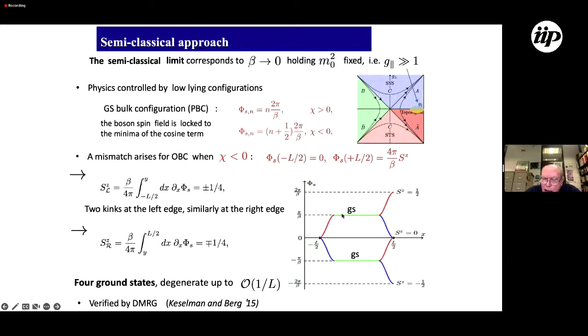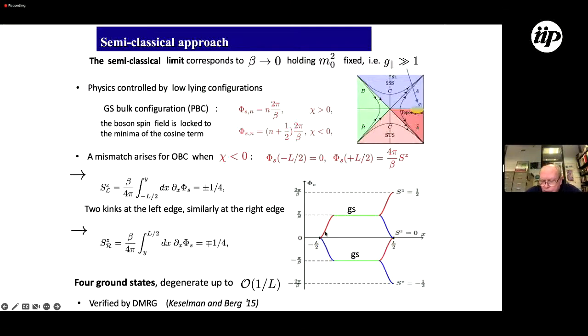So you see, here I have a ground state, and the field configuration, in order to satisfy the boundary condition, has to twist either up or down. So I have 4 states. From this ground state, I can have on the left going down or going up, or on the right going down or going up.